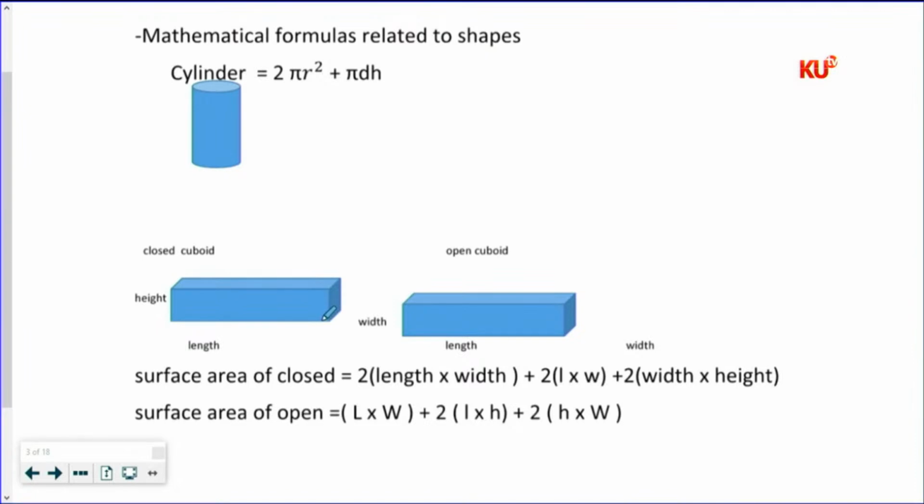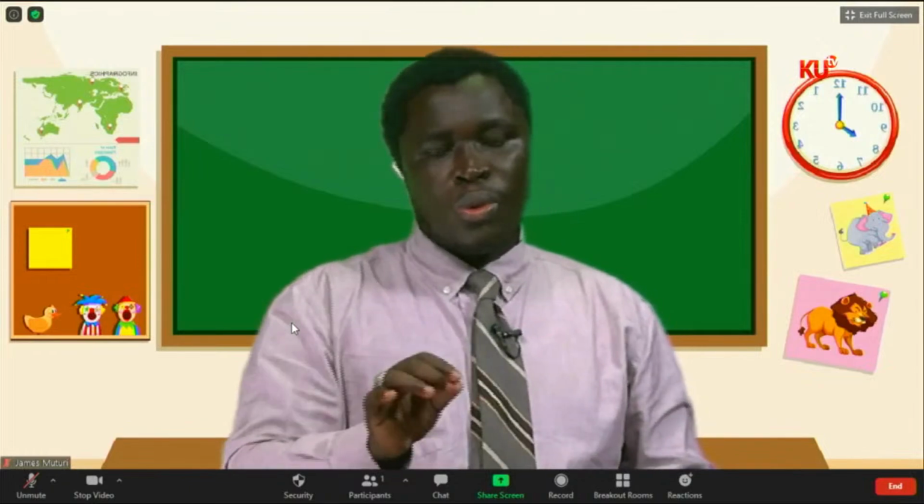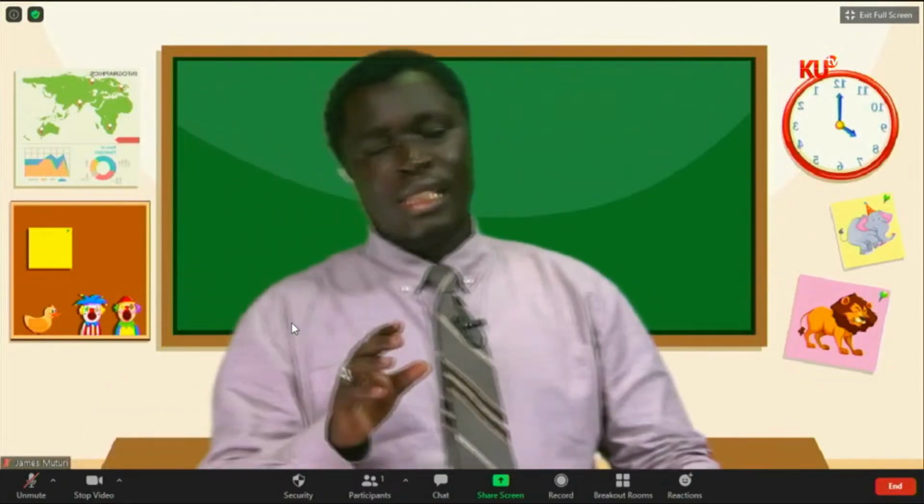Instead of length times width, we'll say height times width, or width times height. And they are 2. So that is all about the faces of a closed cuboid.